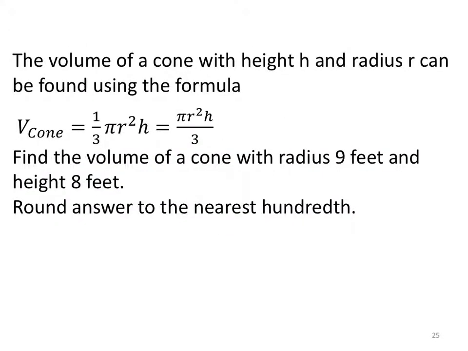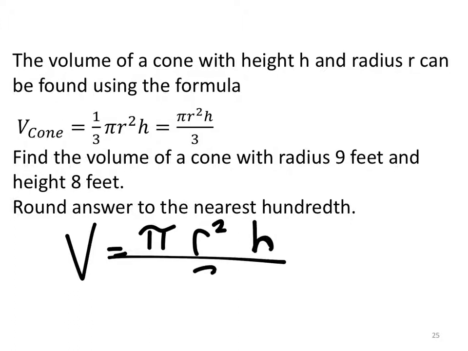But let's look at the volume of a cone now. So the volume of a cone, you could write it either way. I like this way myself. Pi times the radius squared times the height. Now again, that's a cylinder, but we're going to cut it into 3 parts. That's equals. And all I've got to do is figure out what the radius and height are, which they told us.